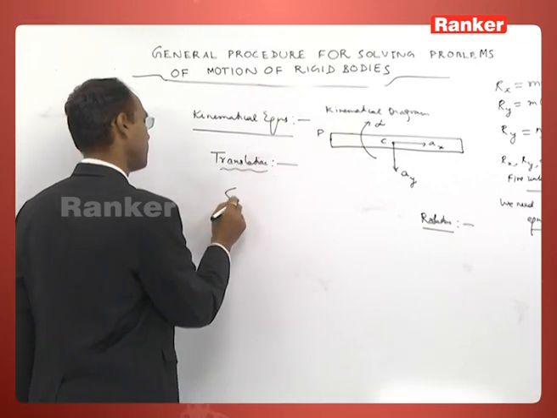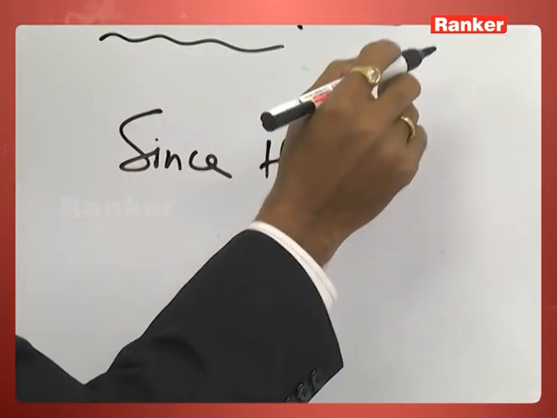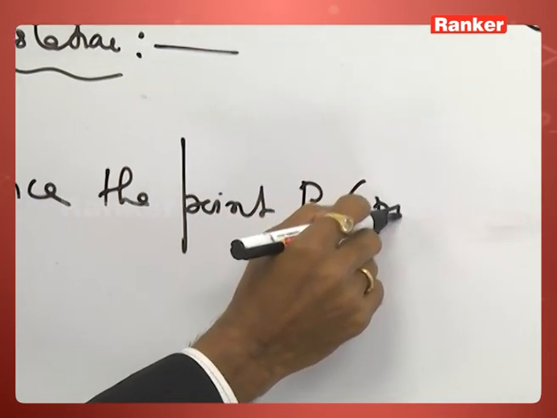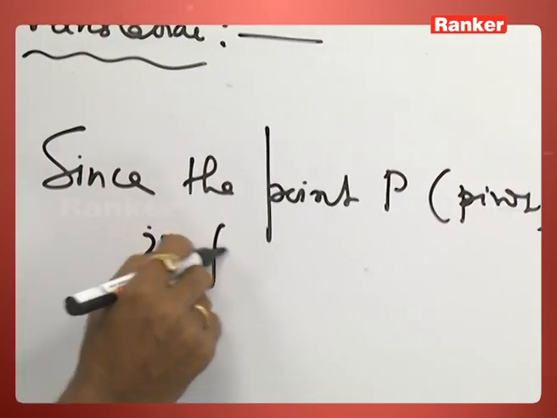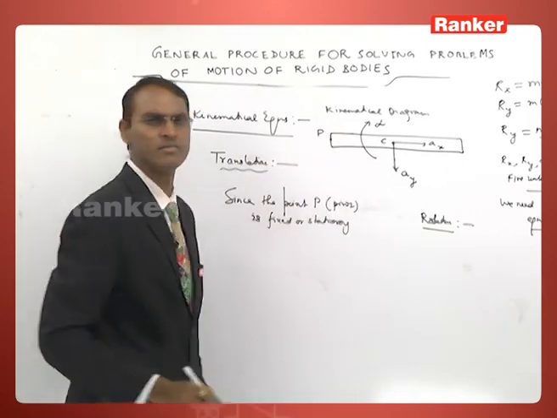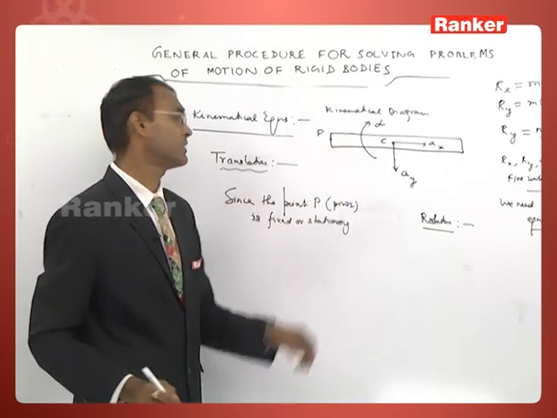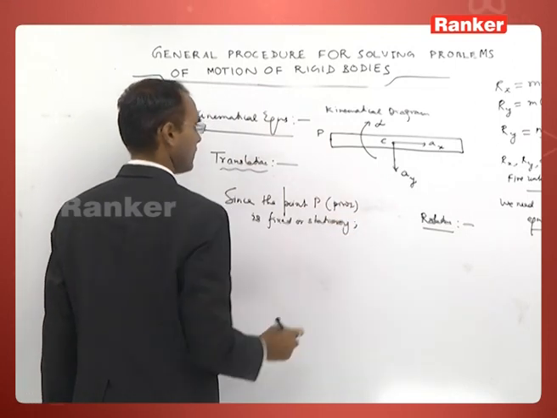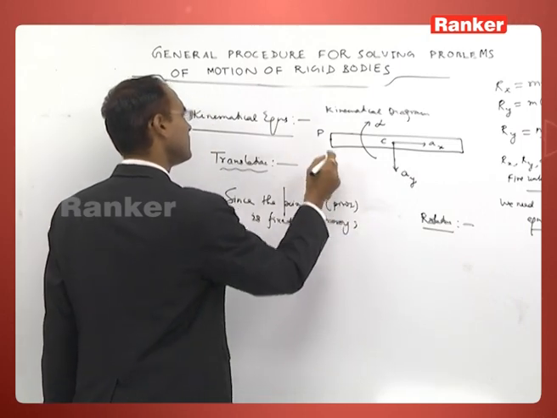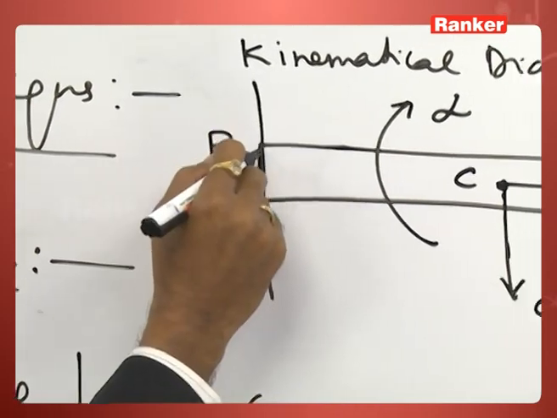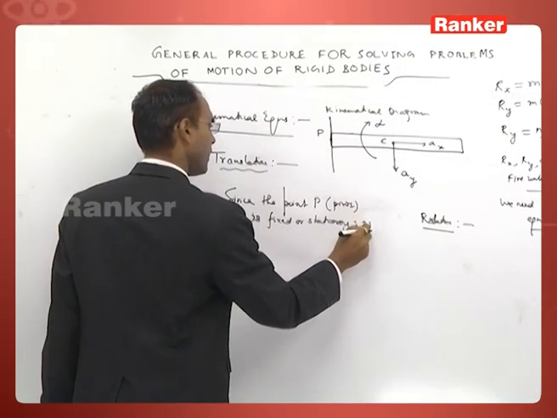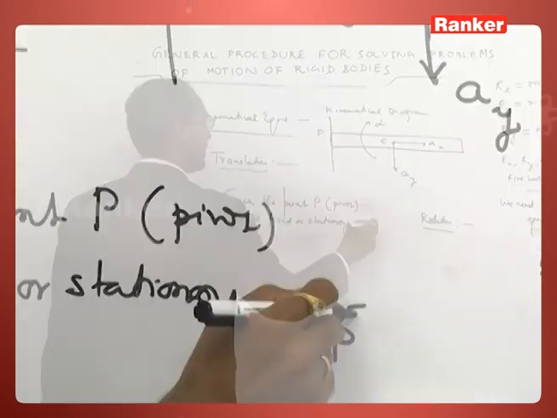Since the point P is fixed or stationary as per the given physical condition, the velocity of this point P is 0.